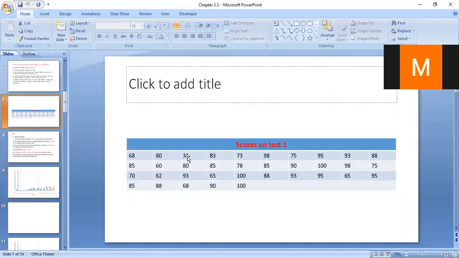You look here. 38, we have 1, right? Now you find 68, we have 1. Now 80, you have 1, 2, so 80 you have 2.